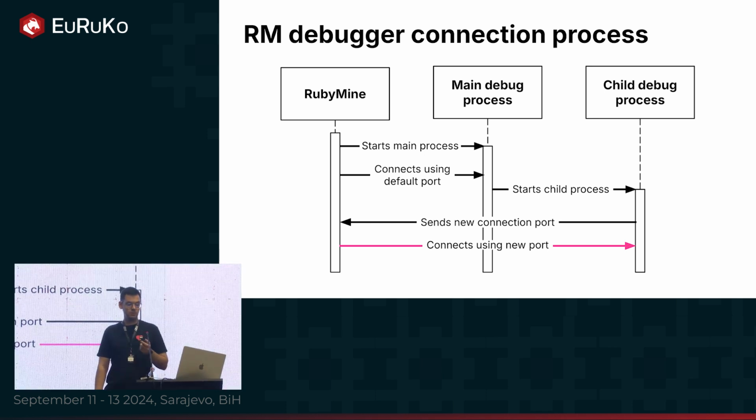And generally, it works like RubyMine connects to debugger, not the vice versa. This approach works great in almost all cases, but there is one small issue. And the issue is related to Docker container environment. Because in Docker container, we need to open all necessary ports in advance.